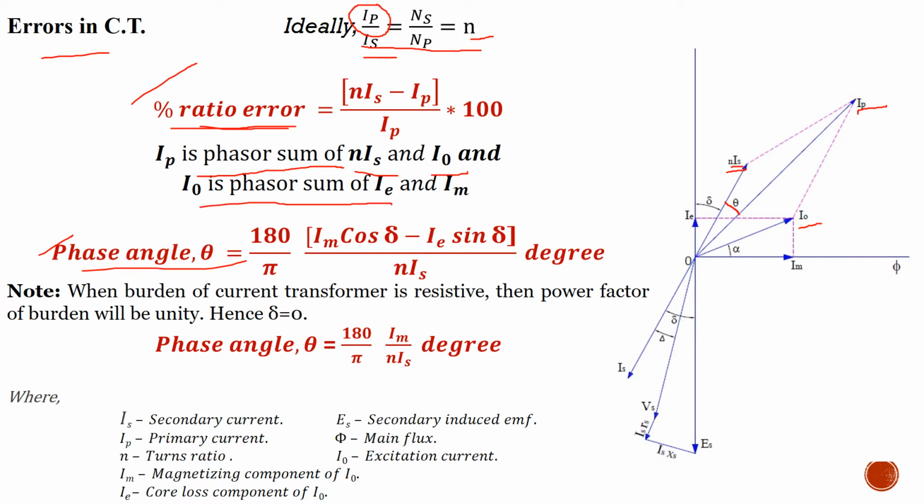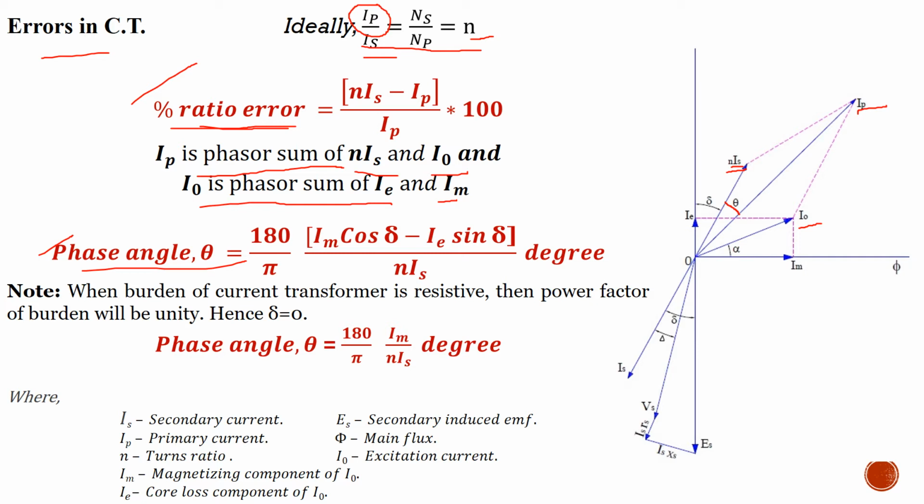In the ideal case, the phase angle between the primary current and the reflected secondary current must be 0. But since errors are introduced, this angle so developed is called phase angle error, and it is calculated using the following equation.